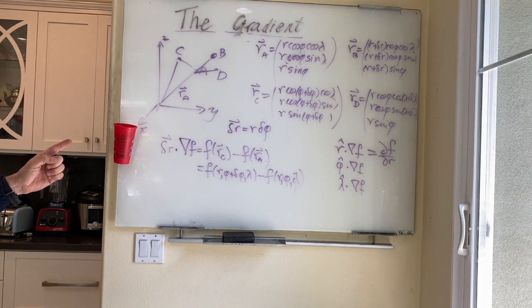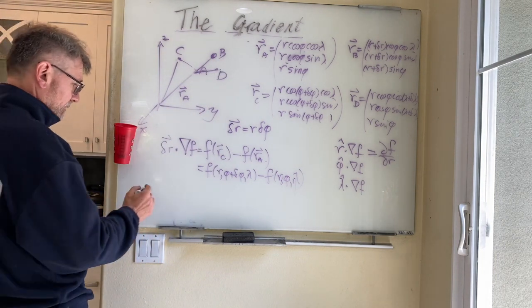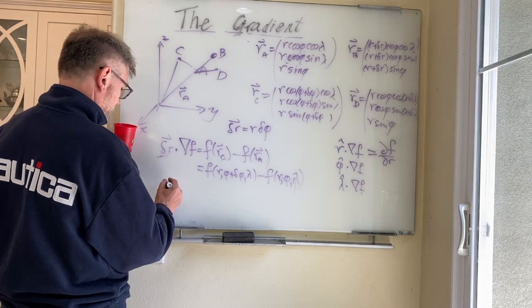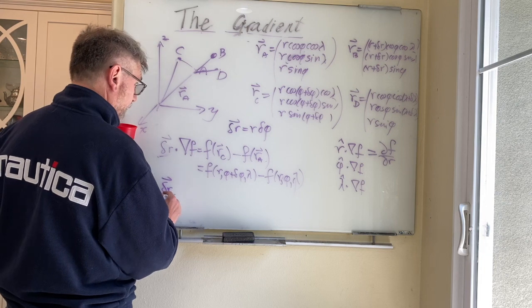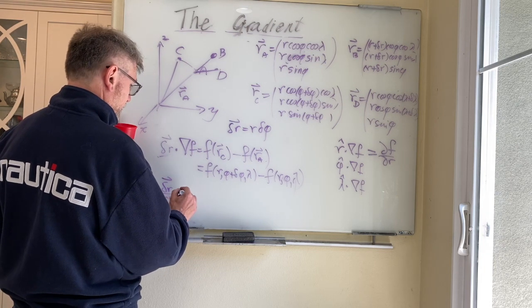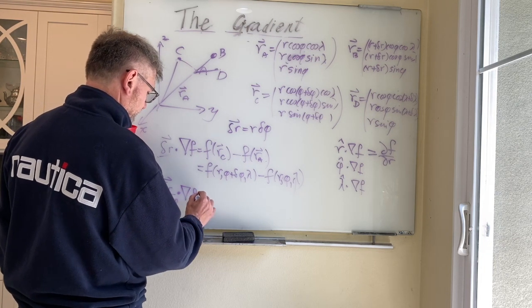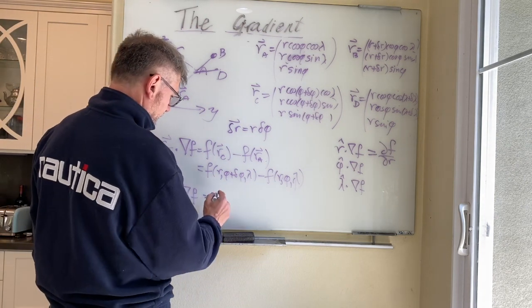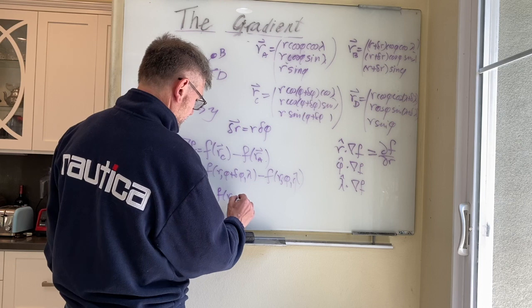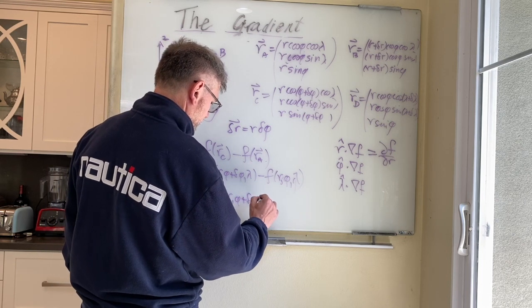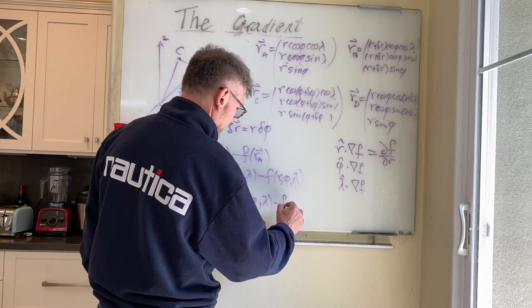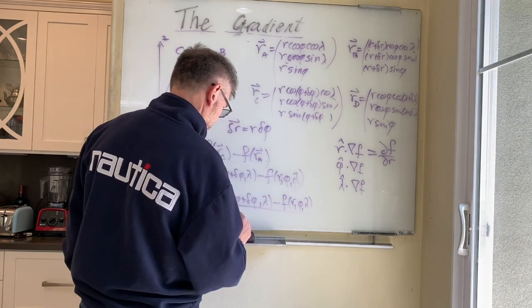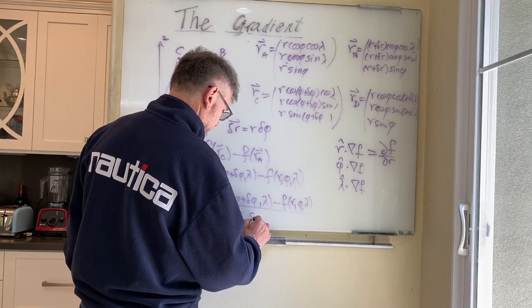And then if I divide both sides by r delta phi, I'll get delta r over r delta phi dotted with grad f is going to be equal to, on this side, f at r, phi plus delta phi, lambda, minus f at r, phi, lambda, divided by r delta phi.